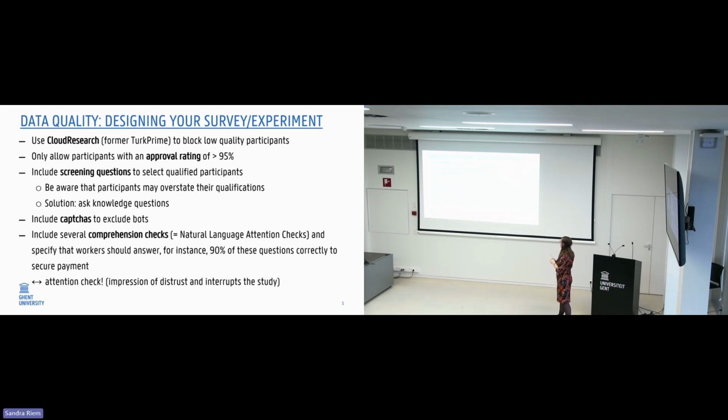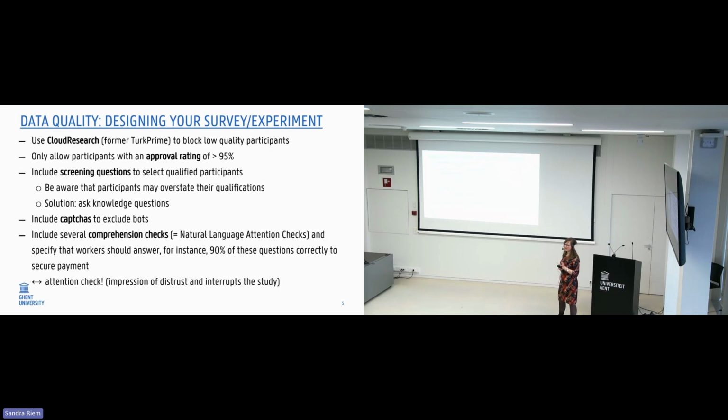So include several comprehension checks, and then you can specify to the workers that only if they answer, for instance, 90% of these questions correctly, they get paid. That's also a way to motivate them to really read the instructions and behave the way you expect them to behave. It's not the same as an attention check.